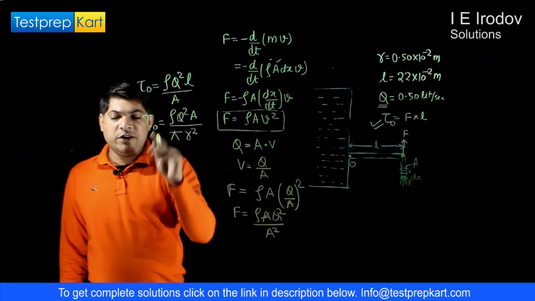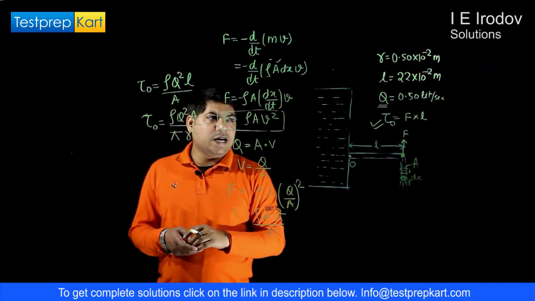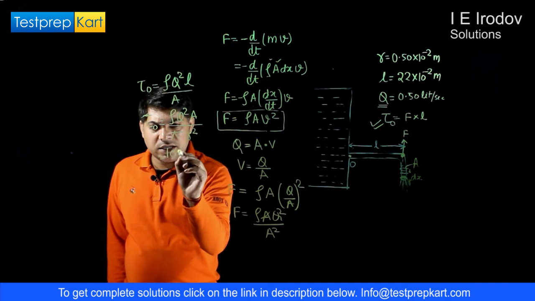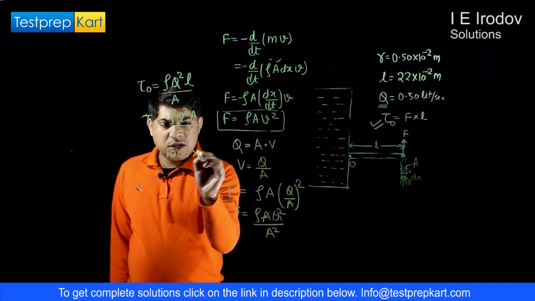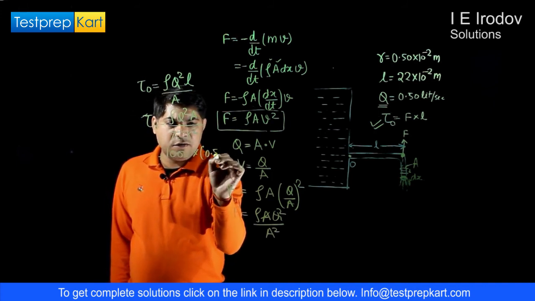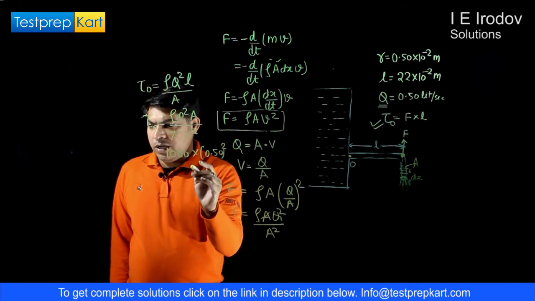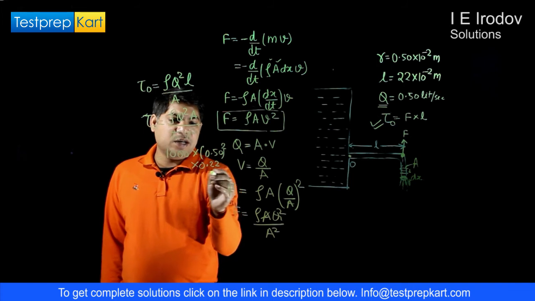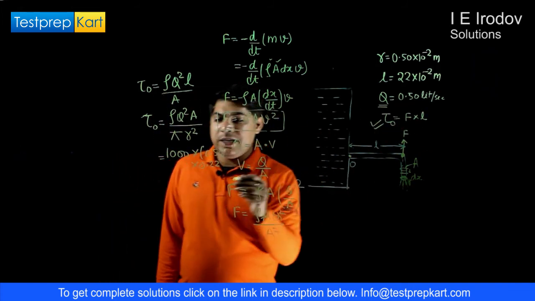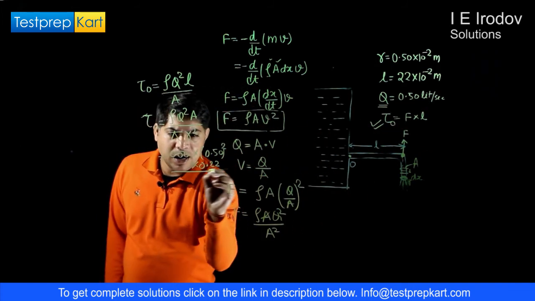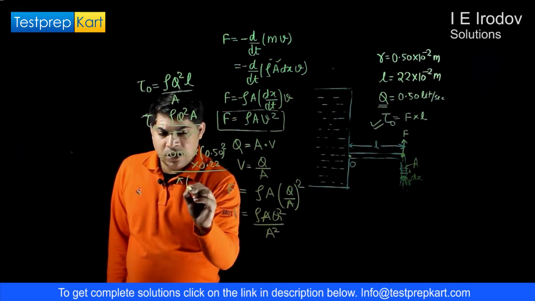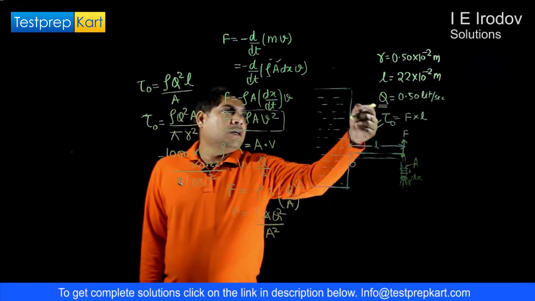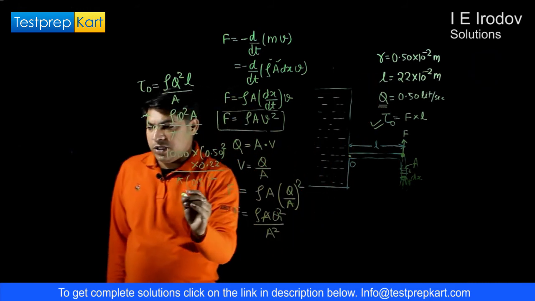Now all numeric values are known, so we substitute: density of liquid is 1000, Q is 0.50 whole squared, and the length is given; let's keep it in centimeters as we are taking the liter as centimeter cube, upon pi into 0.5 whole squared, which is the radius 0.50.